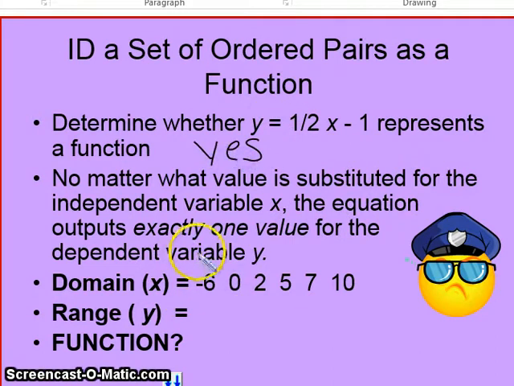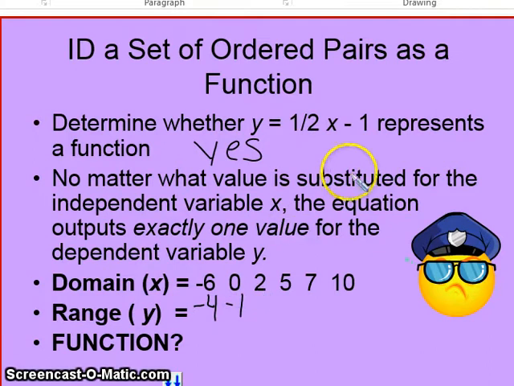And we can test it by plugging all these numbers into this relation and seeing that we get only one possible answer. If we plug -6 in, we've got 1/2 times -6, which is -3, minus 1, which is -4. If we plug 0 in, 0 times 1/2 is 0, minus 1 is -1.